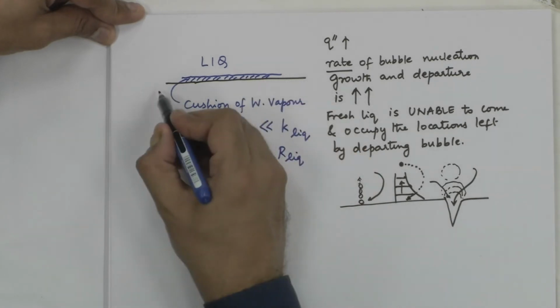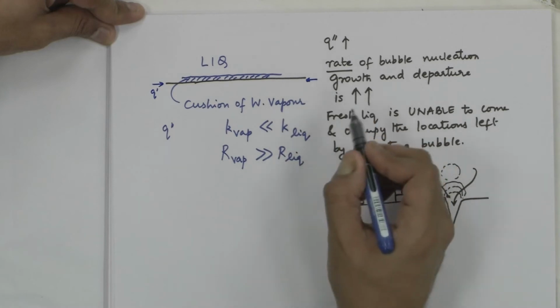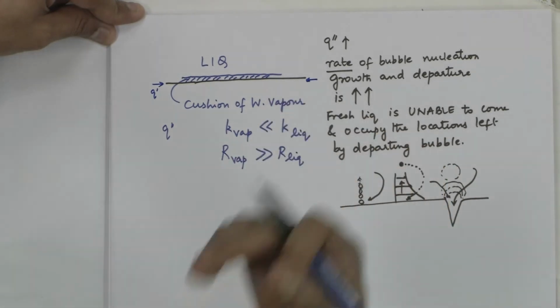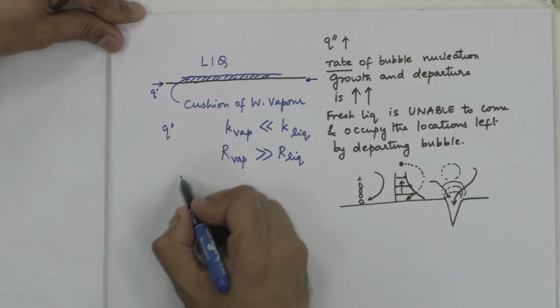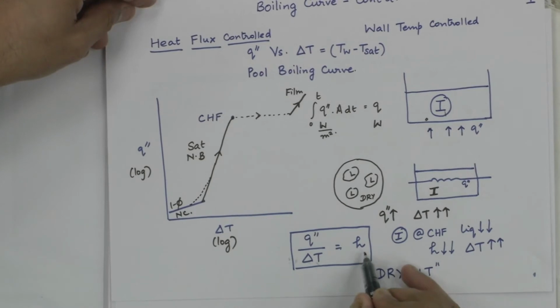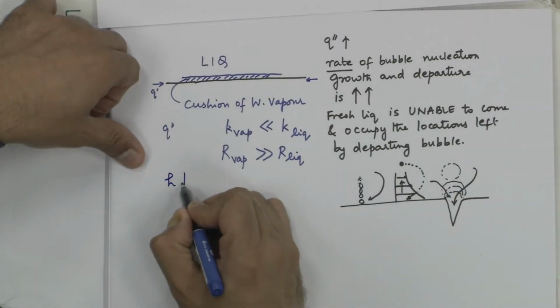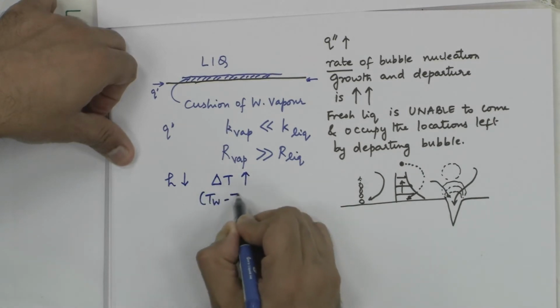So, whatever heat is being supplied through this electrical heater coil is not going to be removed because of this. Therefore, what you would see, same as here, is a decrease in the heat transfer coefficient, h drops, and wall temperature increases. This is T wall minus T sat.